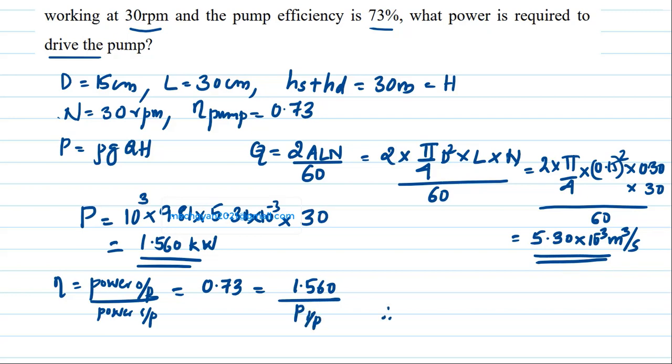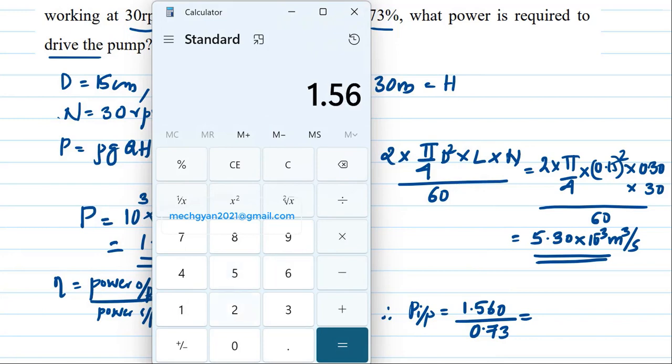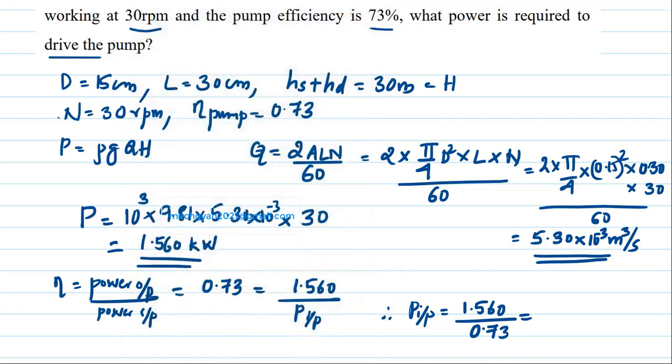So therefore power input is equal to 1.560 by 0.73, which is equal to, let me check, 1.560 divided by 0.73 equal to 2.136 kilowatt. So that is the final answer.